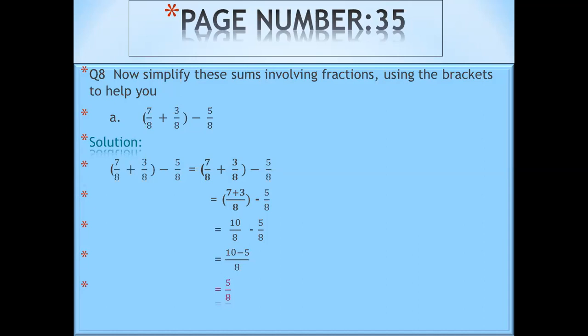And the next fraction is minus 5 over 8. Again, both the fractions have the same denominator, so we only subtract the numerators directly. When you subtract 10 minus 5, 5 over 8 will be the required answer.